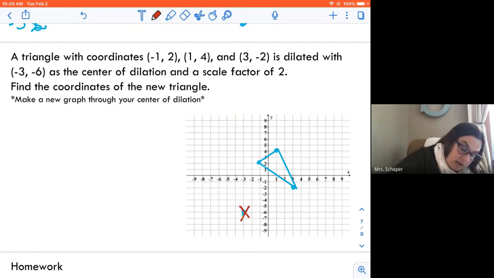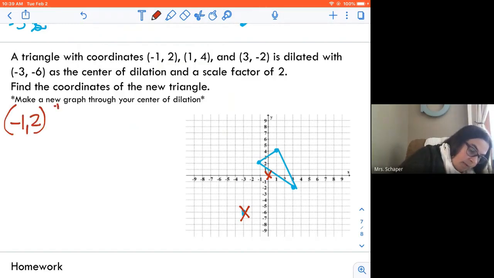Okay, so I need to shift it up 6 and over 3 to get it to here. So I start at -1, 2. I need to shift it up 6 to the right 3. Okay, so then my new point is going to be 2, 8.